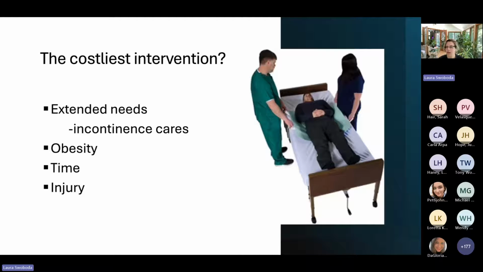We need more time, more staff to reposition these people. Sometimes it takes 4 or 6 staff members to reposition people. So we want to make sure that we're optimizing our interventions, right? So that we're bundling our care, so that we're working smarter, not harder, and that we're working safely and not getting injured.